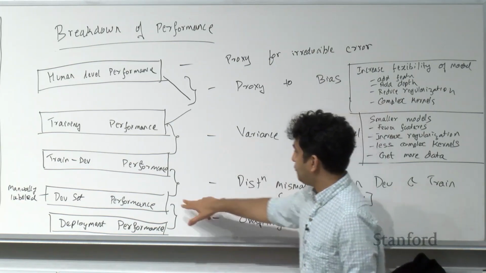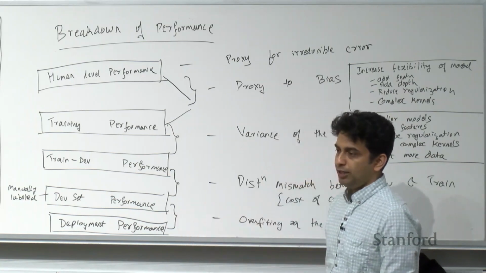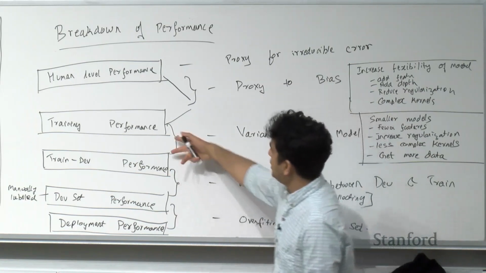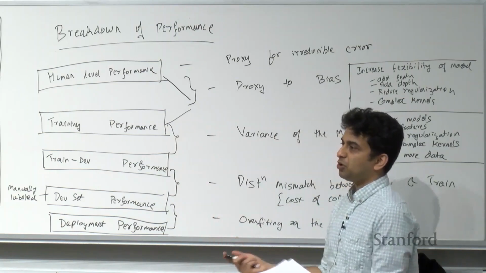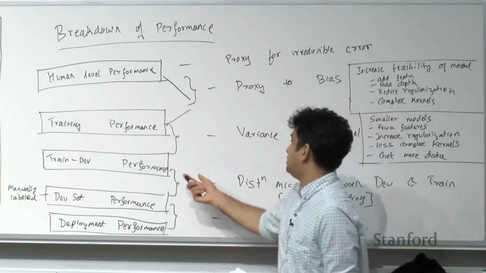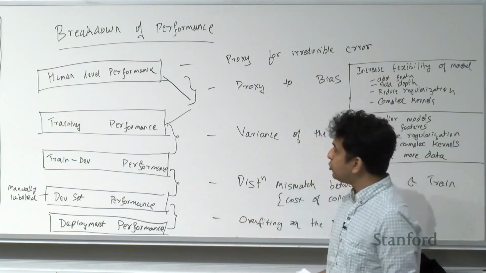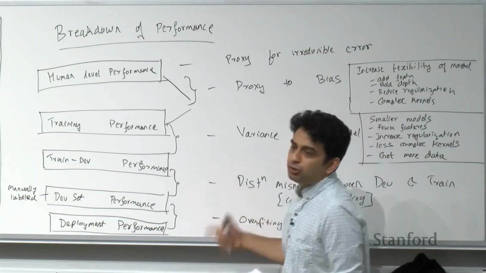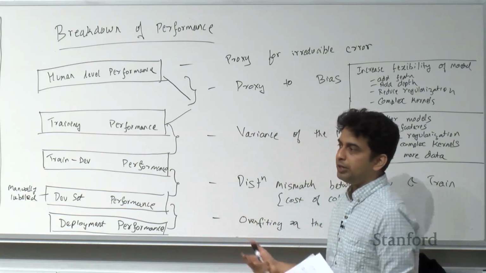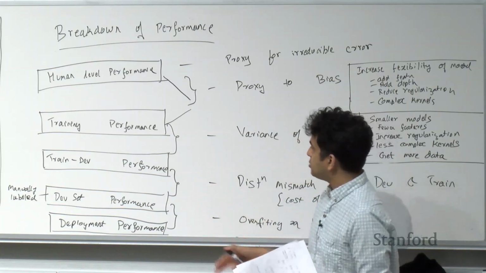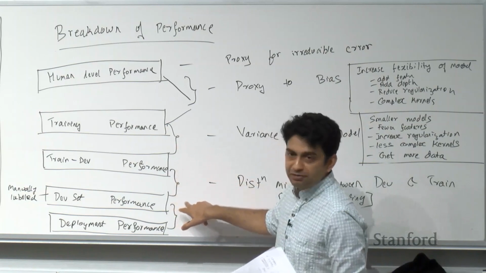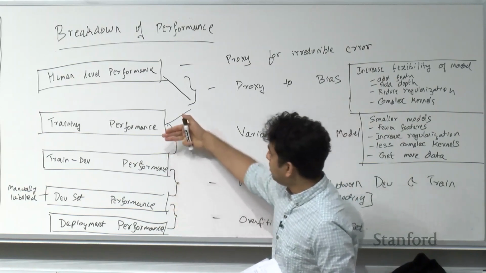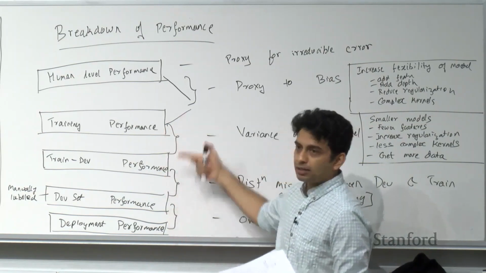For example, if your dev set is mostly images that are black and white, but your training set has a lot of color images, maybe run some filters and make them look closer to your dev set in some way. For this you need to use your creativity and somehow reduce the distance between your train dev distribution and the dev set distribution. And you want to reduce it by making this closer to the dev set, not the other way.